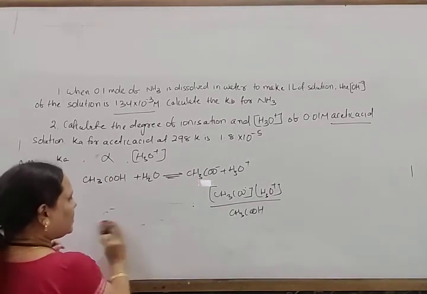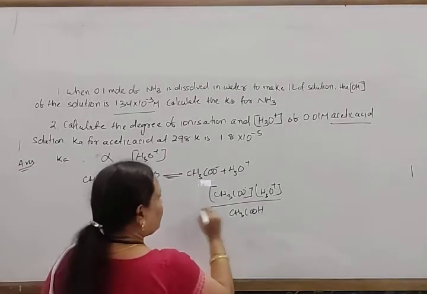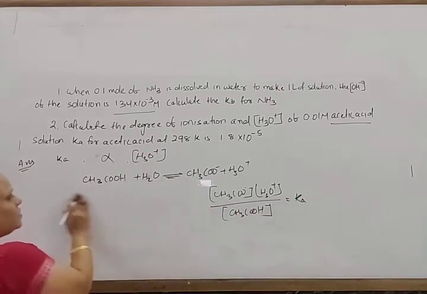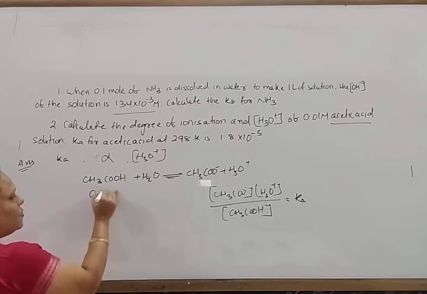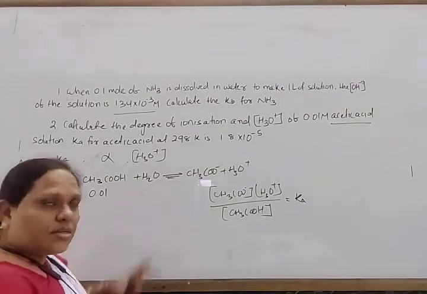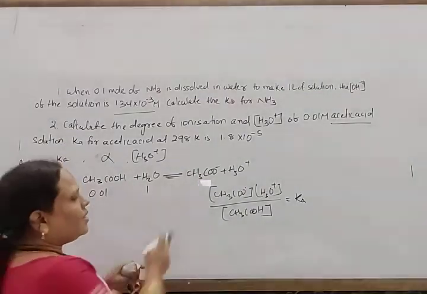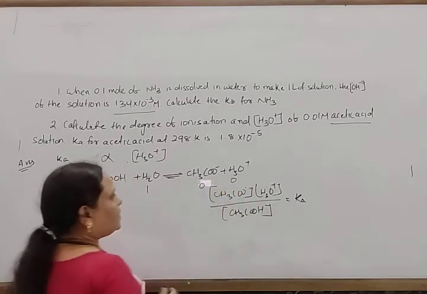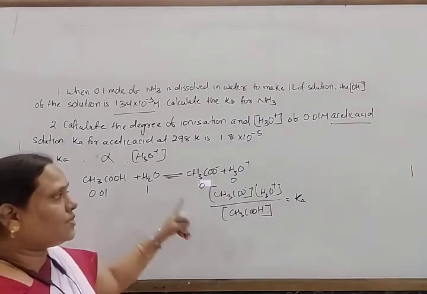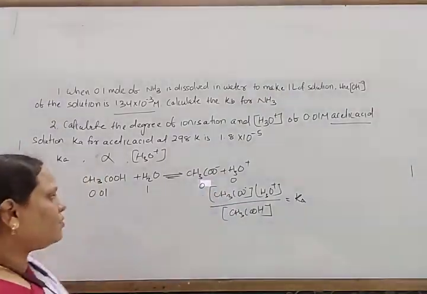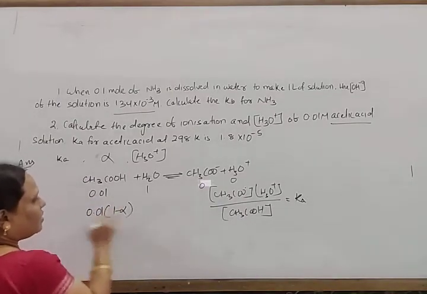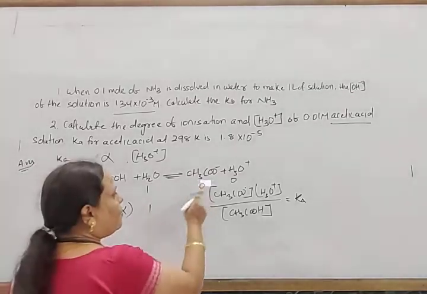Water is the solvent, so its concentration is taken as 1 in all conditions, and initially the products are 0 and 0. After some time, alpha is the degree of ionization, so alpha fraction of acetic acid dissociates to give CH3COO- and H3O+. In this way, the acid concentration becomes 0.01 into (1 minus alpha).